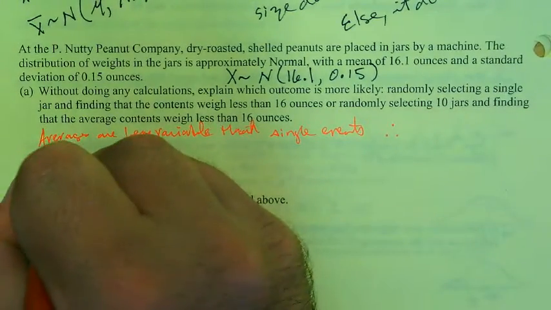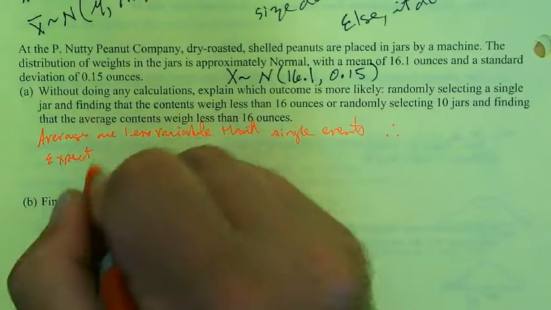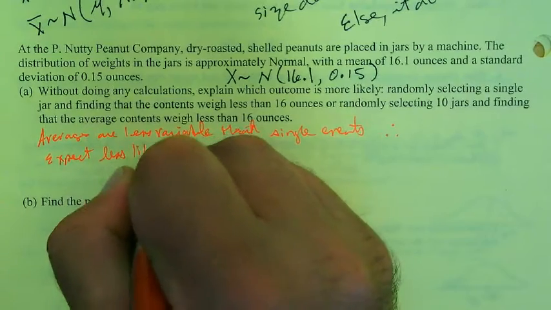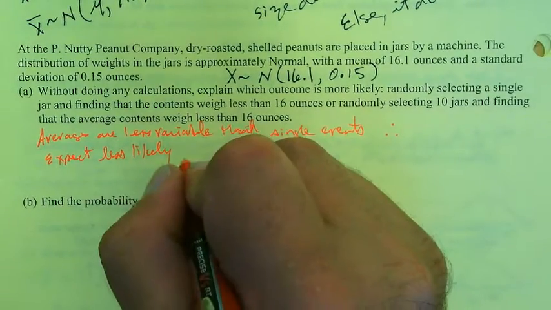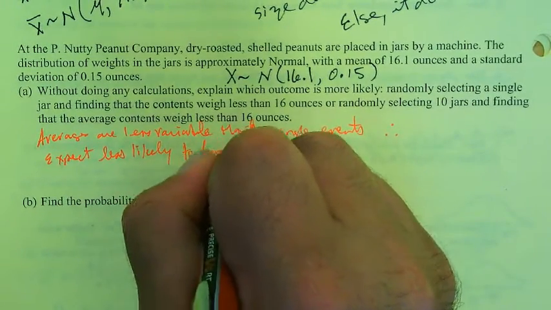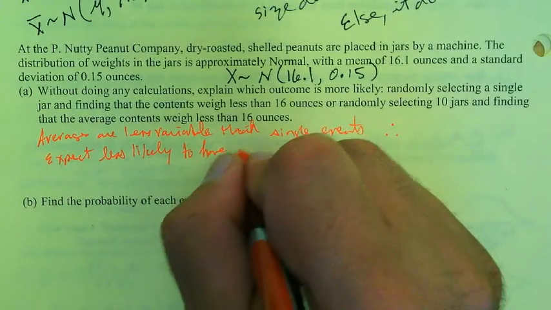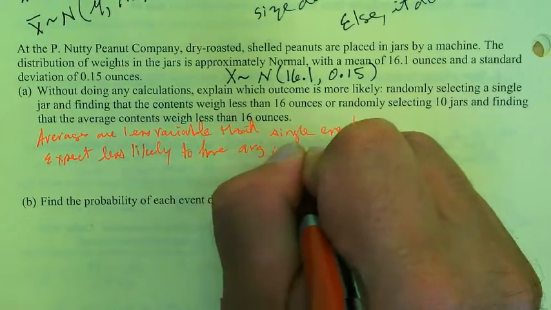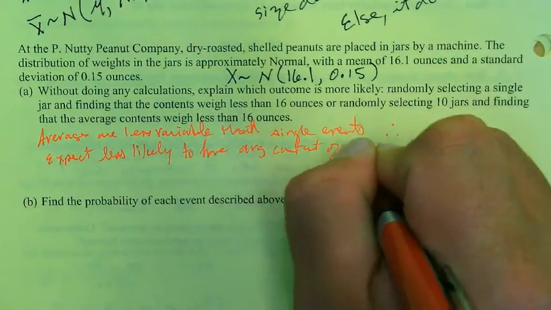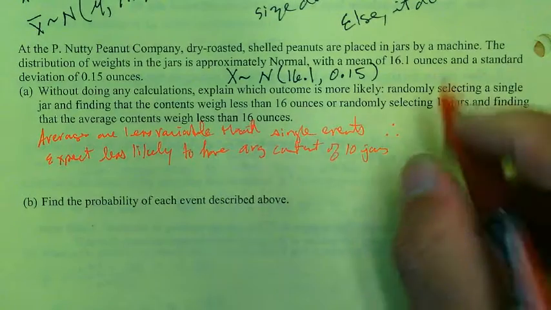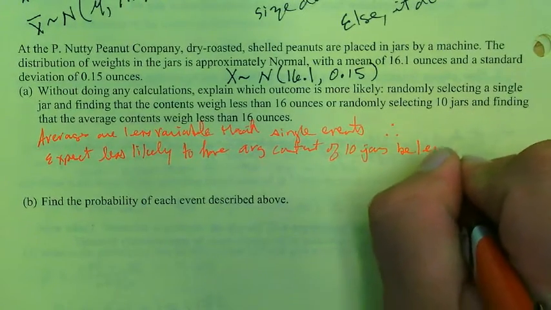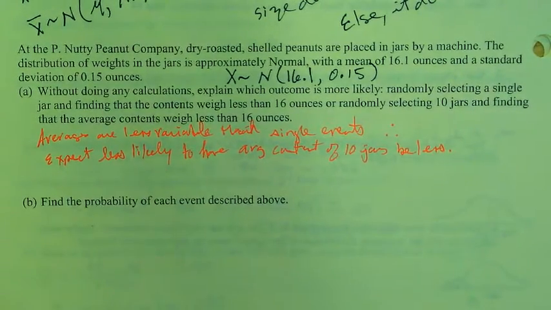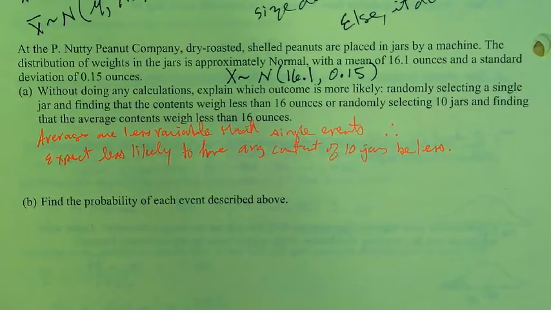Therefore, we expect it to be less likely to have the average content of 10 jars be less. Okay? Any one jar may be less, but if I took 10 jars and averaged them, it would be less likely that the average of those 10 would be less.